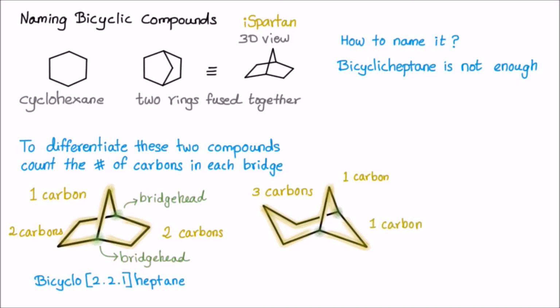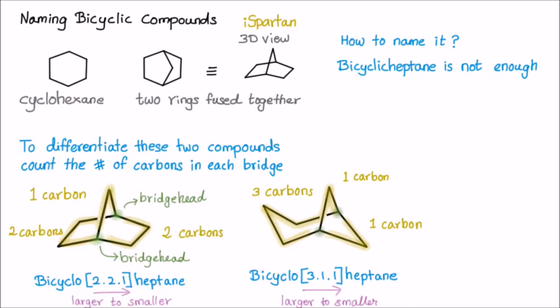Now what's the name? Bicyclo square bracket 3.1.1 close the bracket heptane. If you look at the numbers, you should always arrange them from larger to smaller.